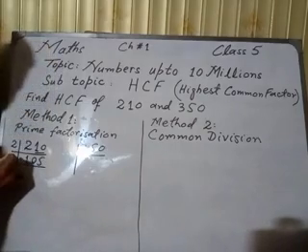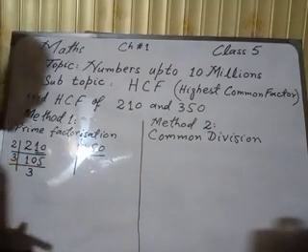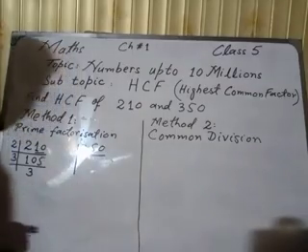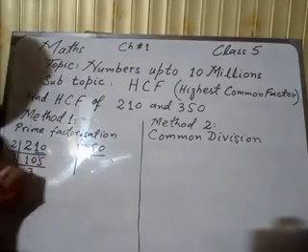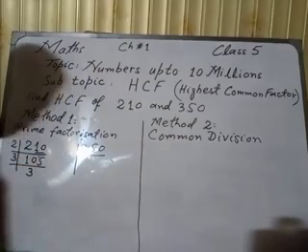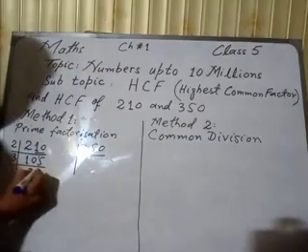So in the table of 3, 3 threes are 9. We want to make 10, but here we have got 9, so we have 1 left. The remaining 1 will be considered here and it will become 15. In the table of 3, 3 fives are 15.